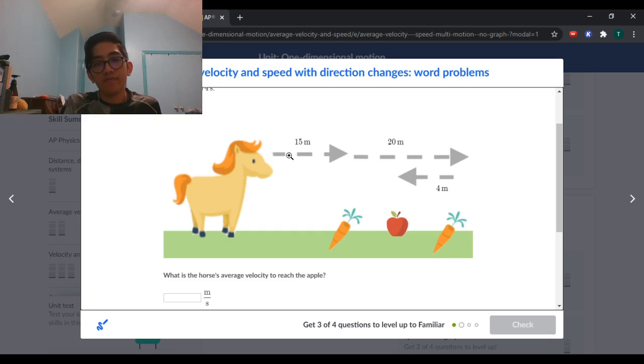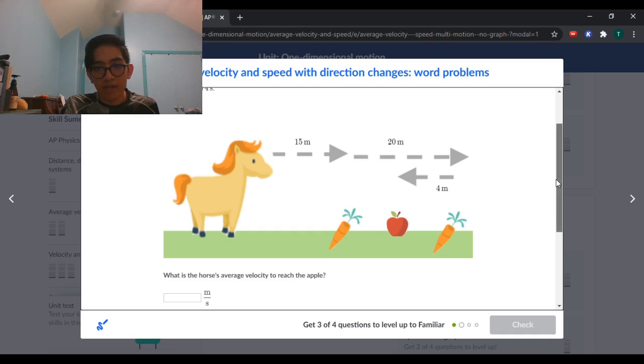Okay, so 15 plus 20. We know that's more than 15 and a little bit under 20, right? So if 20 reaches the carrot, we said, oh well, we kind of overshot it a little bit. Let's go back 4 meters. What we do is take 20 minus 4, and that equals 16, which is the distance from this carrot to this apple right here, right?